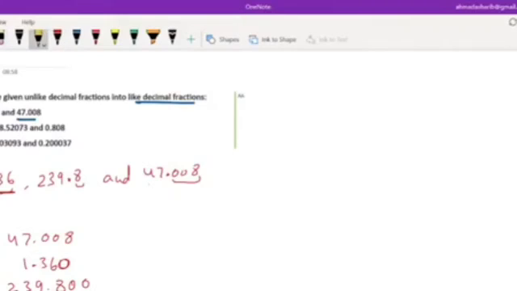Now as you can check, in this number 3 digits after the decimal, in this number also 3 digits, in this number also 3 digits. Now they are converted into like decimal fractions.